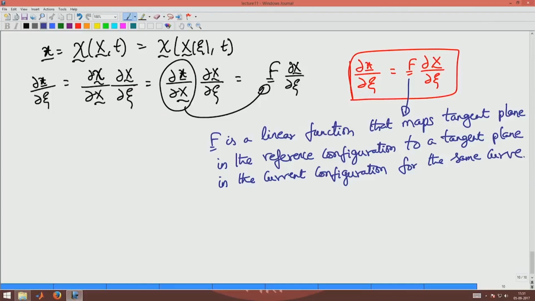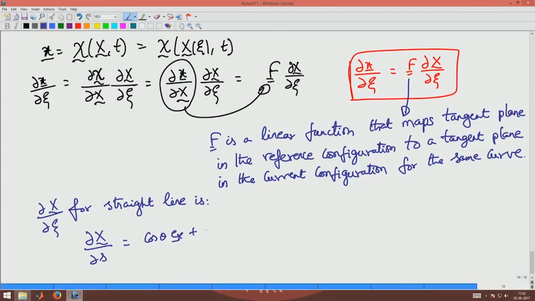So, that is the meaning of the deformation gradient F. So, for a straight line, what is dou X by dou psi? Dou capital X by dou psi for a straight line will be dou capital X by dou s, that will be cos theta Ex plus sin theta Ey, which is nothing but the direction A.